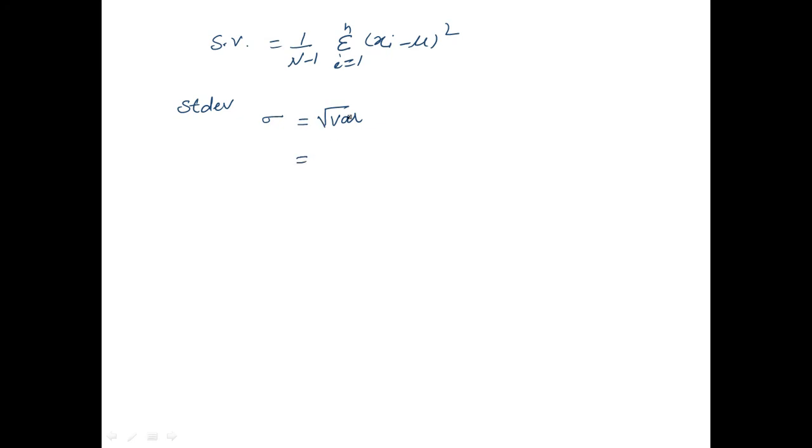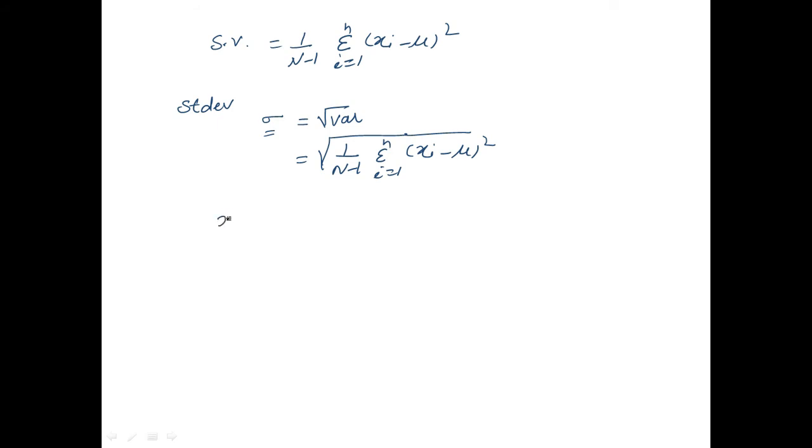So if we calculate the square root of variance, then it is the square root of 1 by n minus 1, summation i equal to 1 to n, (xi minus mu) square. This is the formula for standard deviation.